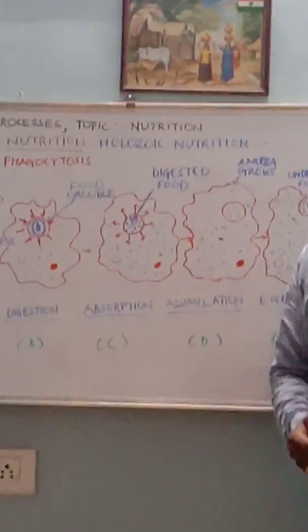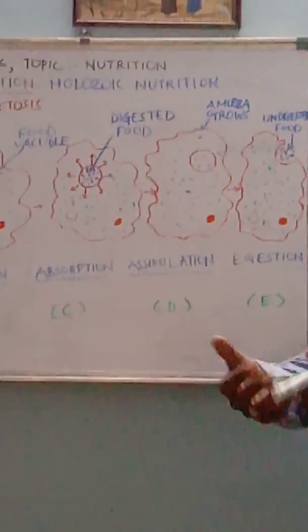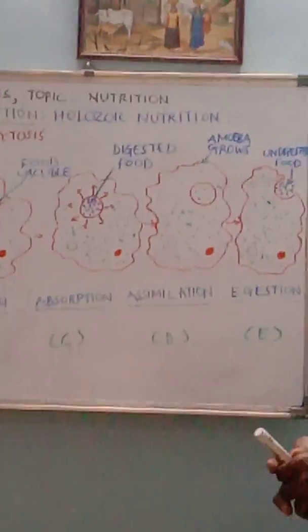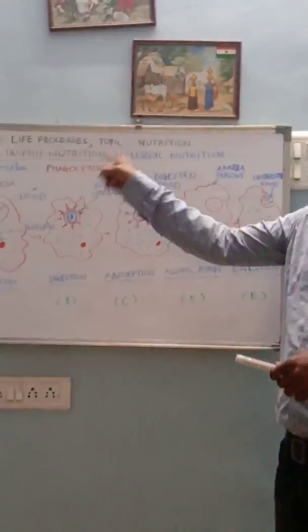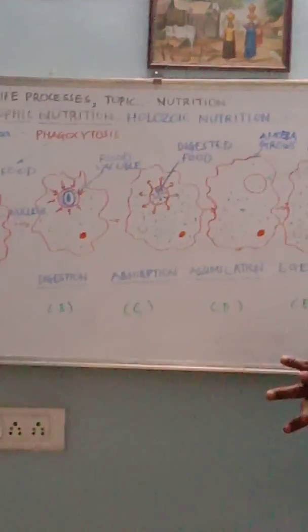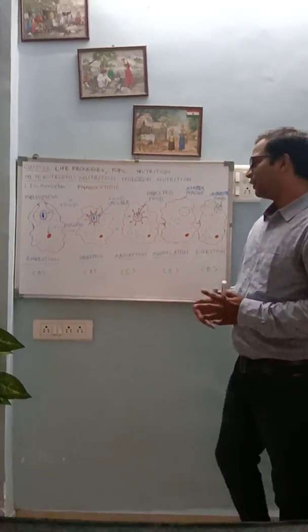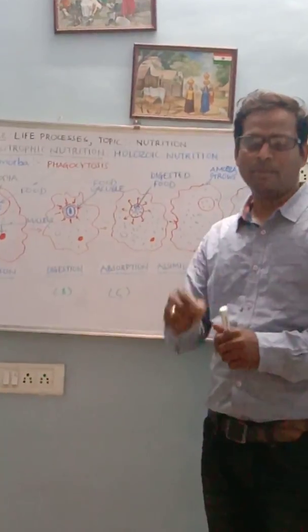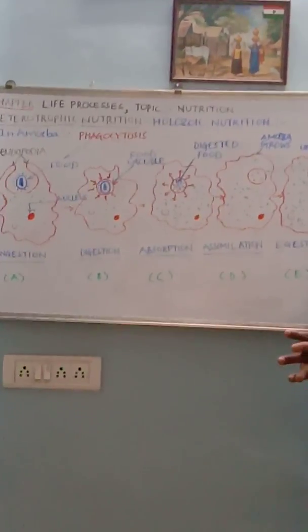Holozoic mode of nutrition is what? Feeding upon complex food. Now this kind of nutrition is found in us, obviously, but not only we. It is shown by amoeba, it is shown by paramecium and such other organisms. So whatever the organism is, it involves 5 main steps. Remember that, and these steps are always in the same sequence or in same order.